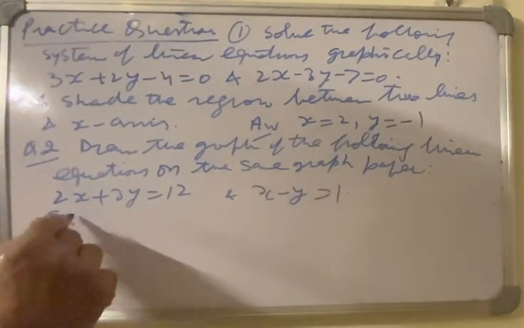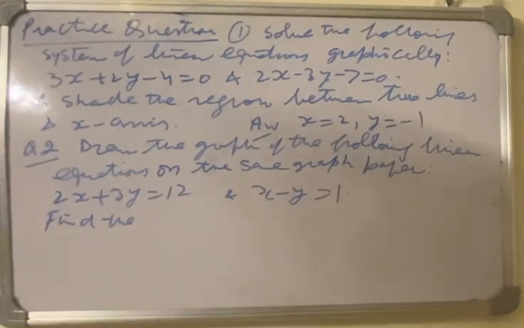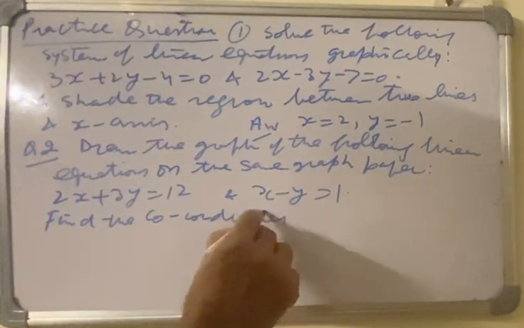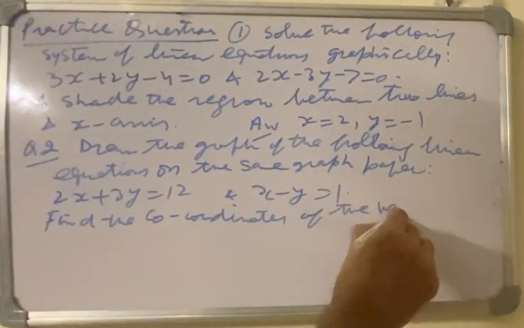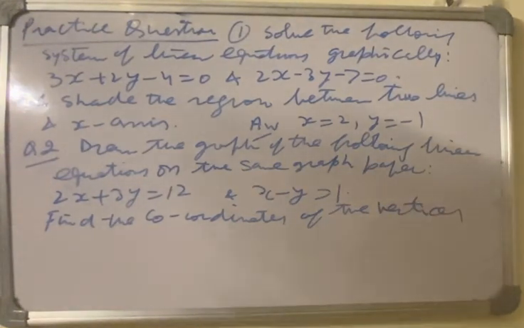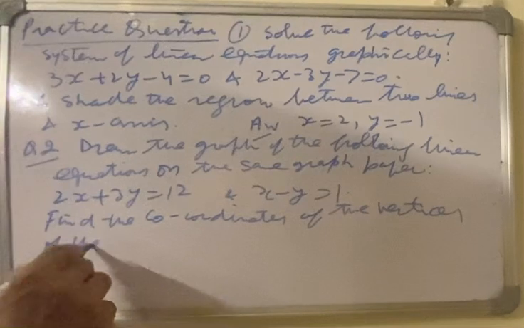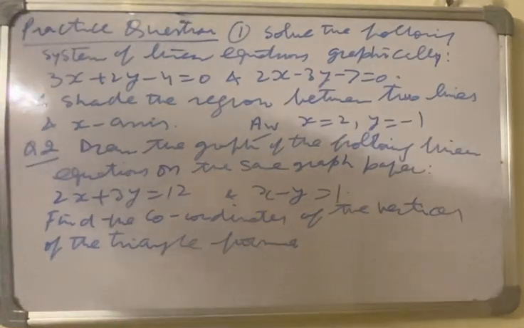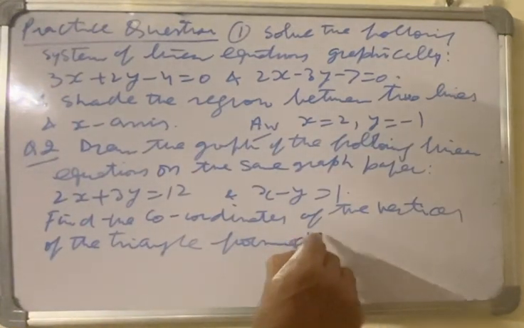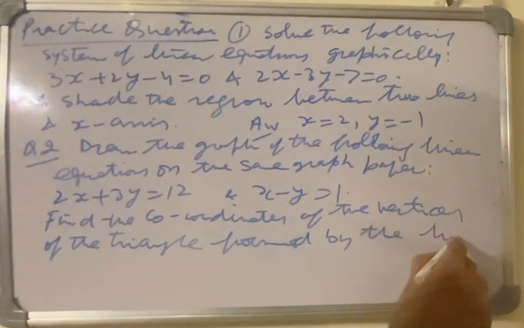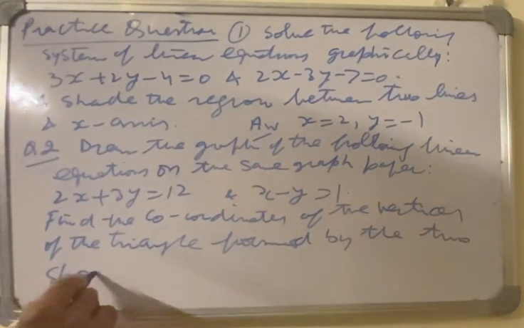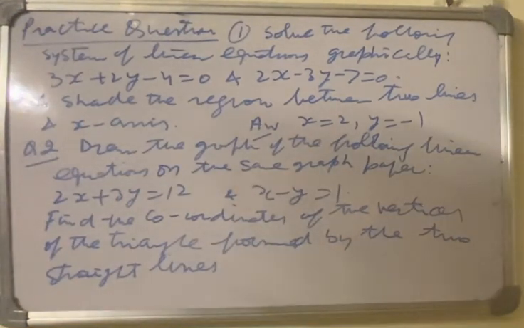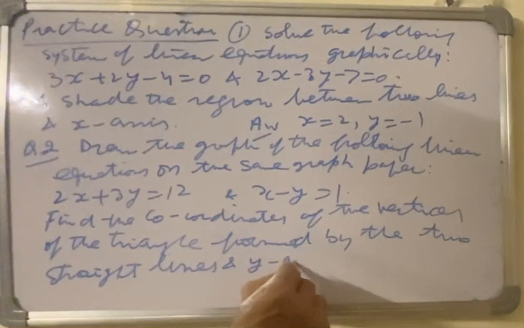Then find the coordinates of the vertices of the triangle formed by the two straight lines and y-axis.